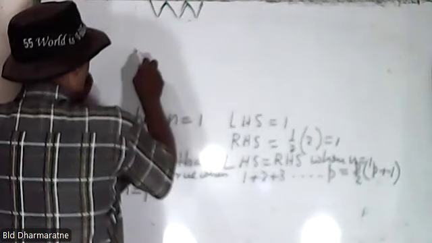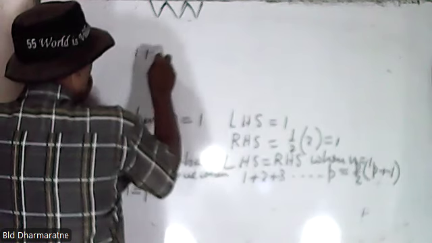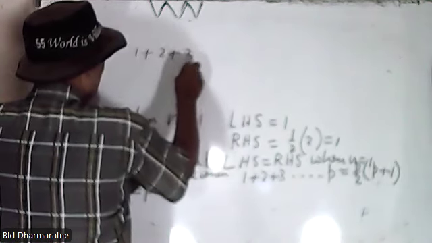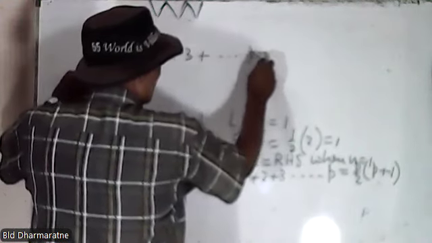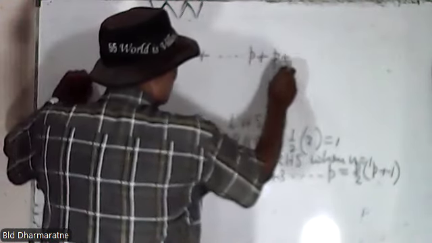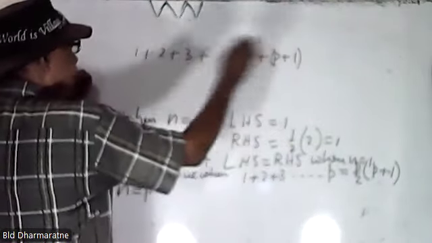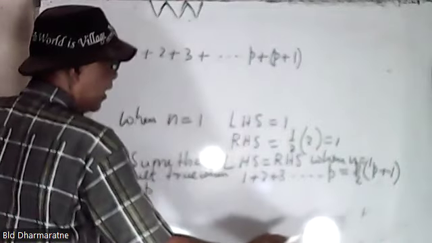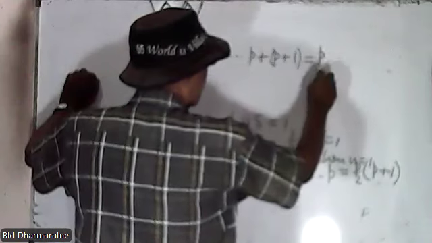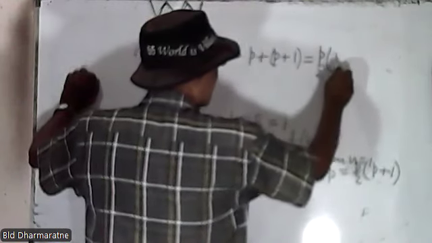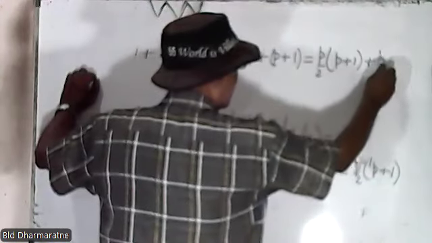The p plus 1 term is the additional term. We add it to both sides, left hand and right hand side. Now we get p over 2 times (p plus 1) plus the additional term p plus 1.